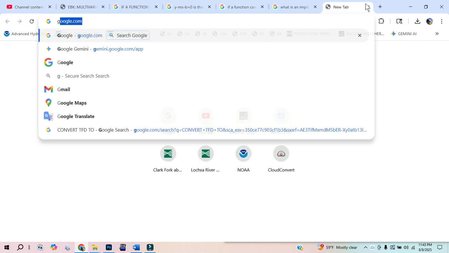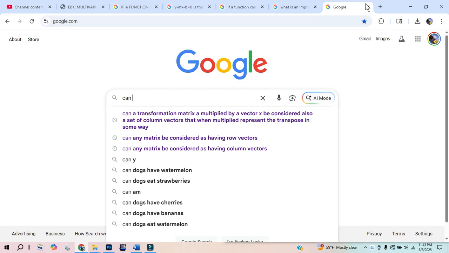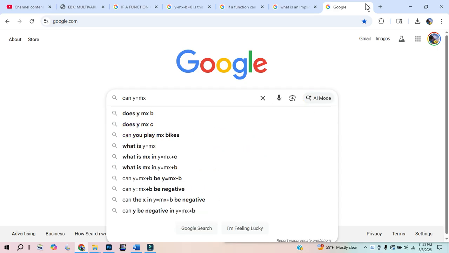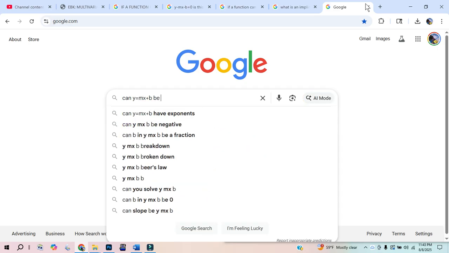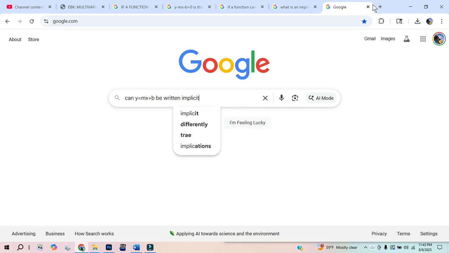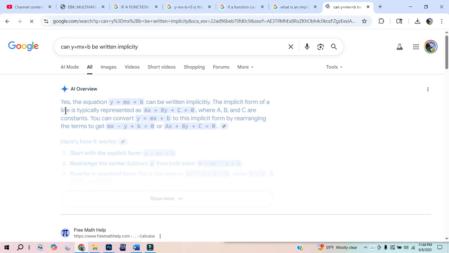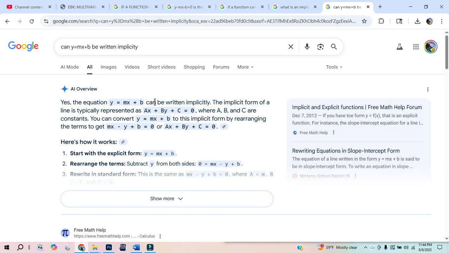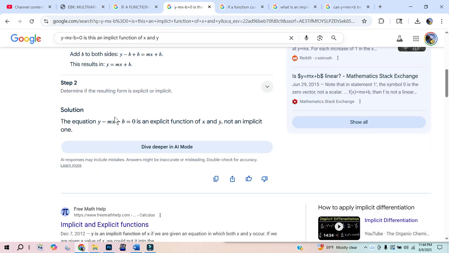So now I'm going to say, can y is equal to mx plus b be written implicitly? And yes, the equation y is equal to mx plus b can be written implicitly. That's why using this is tricky, because it said the equation is an explicit function and not an implicit one, but that's not true, because look at this.